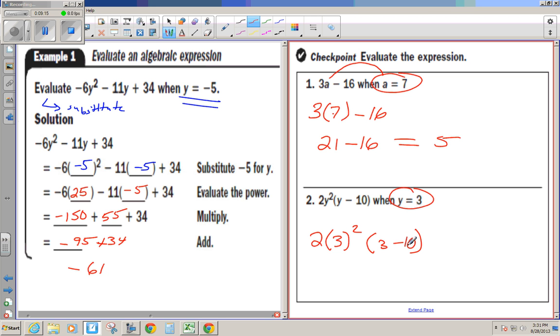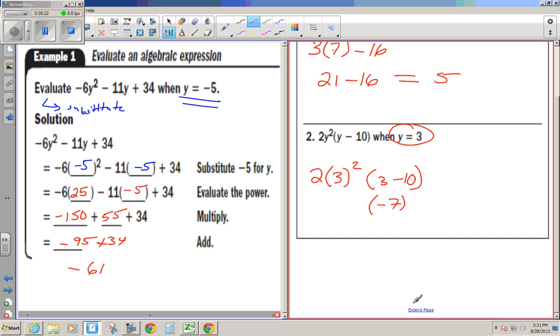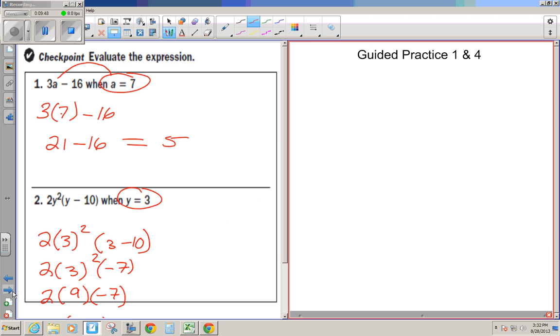You have to do the order of operations. 3 minus 10 is -7. Now let's do exponents. 2 times 9 times -7. Let's see, 2 times, what is that? -63. -126.